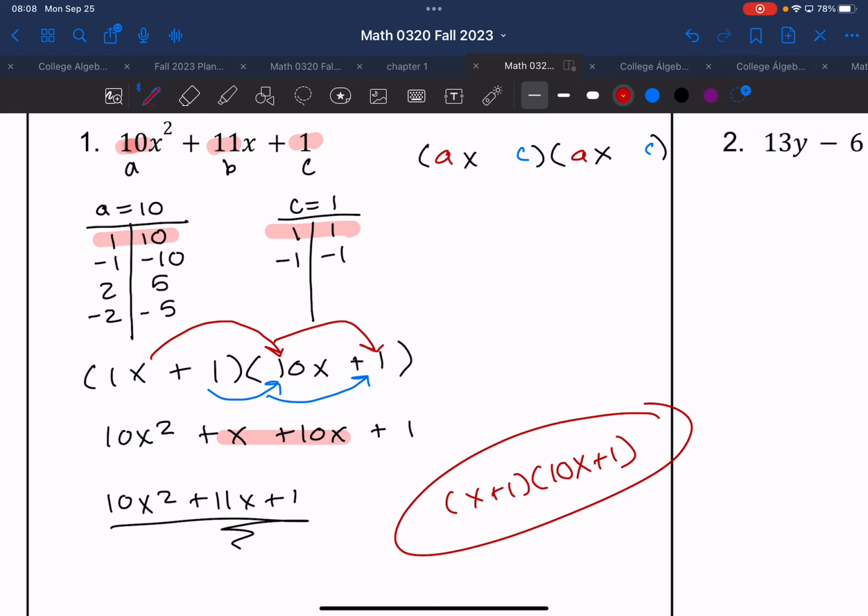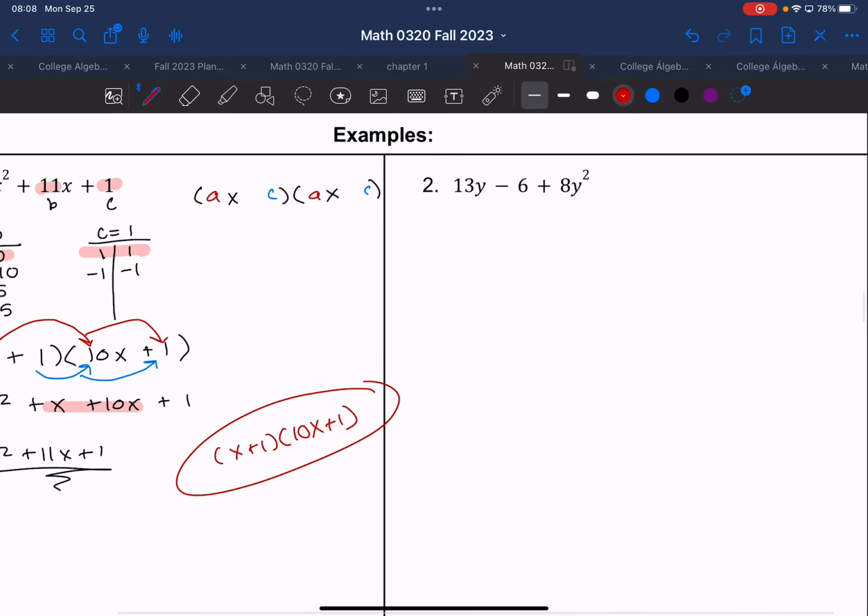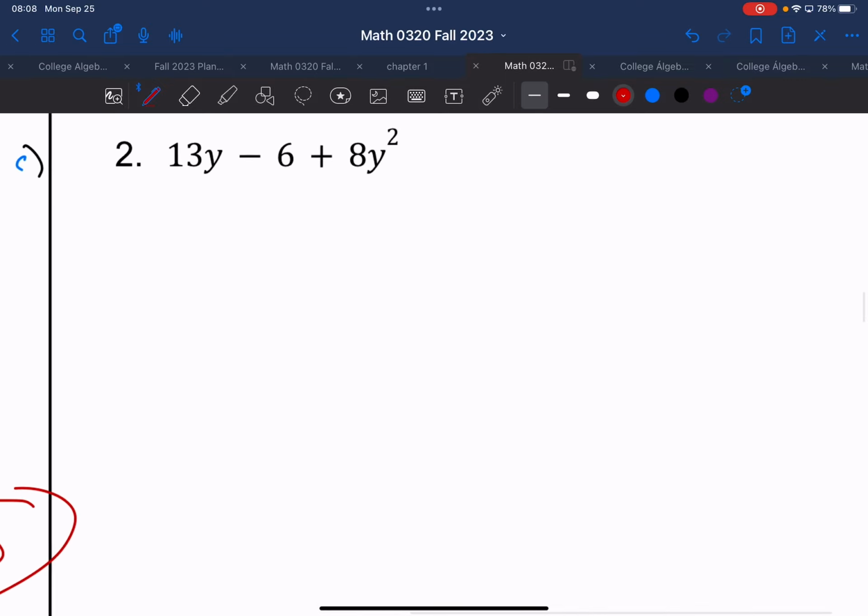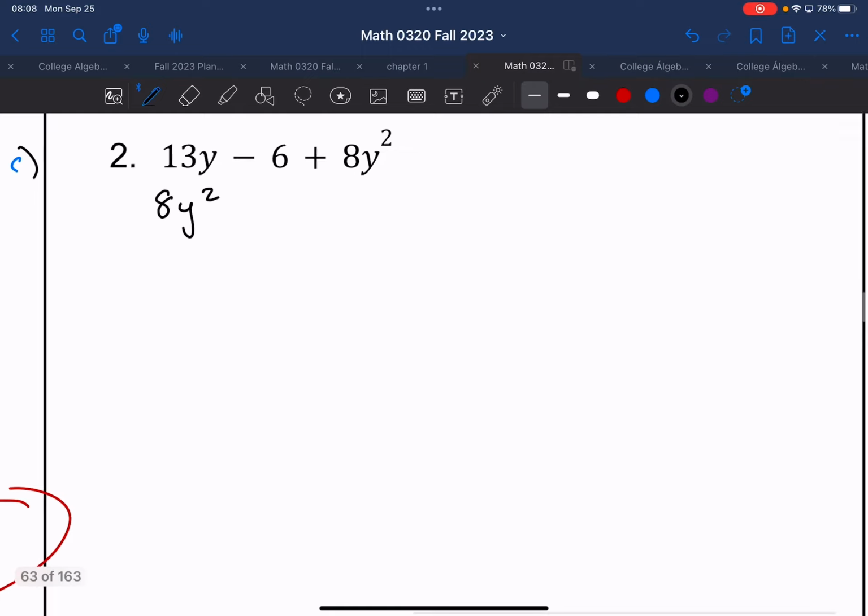Okay, any questions on number 1? Number 2. So before we start working on number 2, what do we notice? It's out of order. How would we write this in the correct order? 8y squared minus 13y.